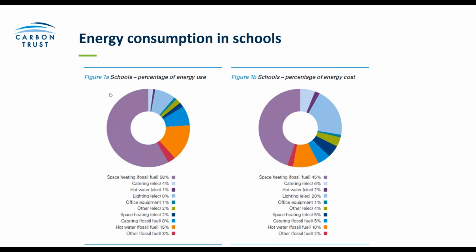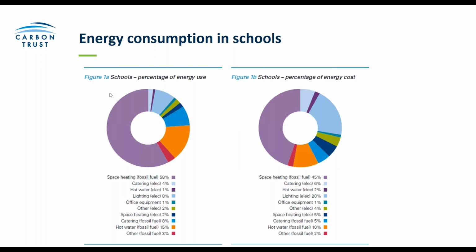Energy consumption in schools can vary depending on a number of different factors. For example, the age of the buildings, the state of repair, the occupancy of those buildings, or even just the number and type of different equipment that is on site.